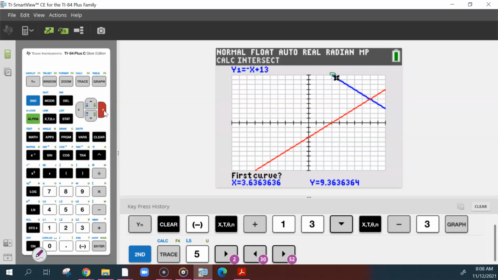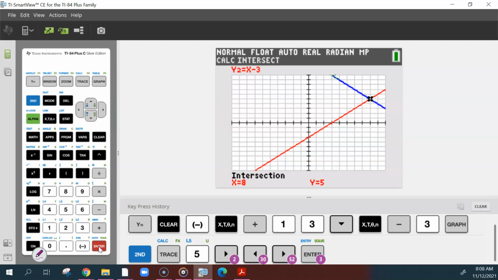You shouldn't need to see it, but just in case, I moved mine just so we could see it. It's on one of the lines. I can hit enter. I see my cursor is on the second line. I can hit enter. It'll ask me to guess if you want to pinpoint where it is. You don't. You want the calculator to do the work. Hit enter again, and it'll tell you what that is.